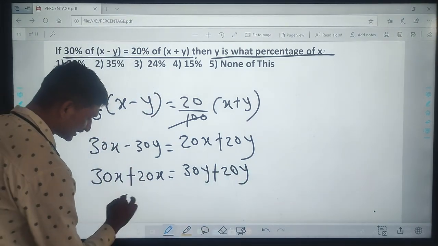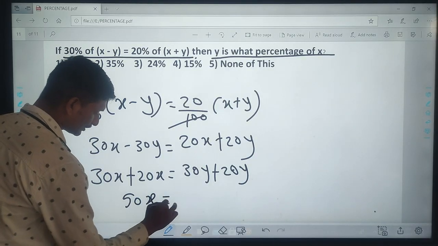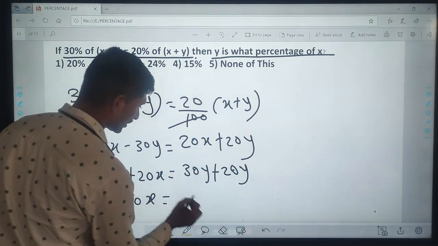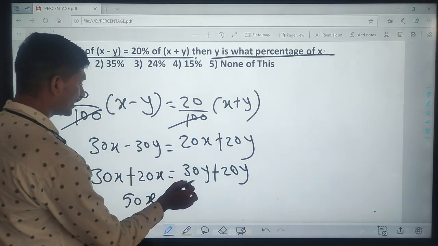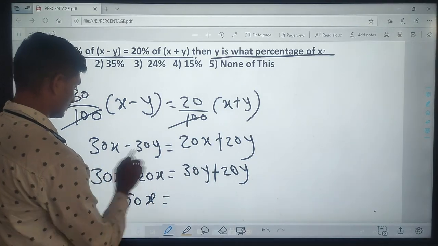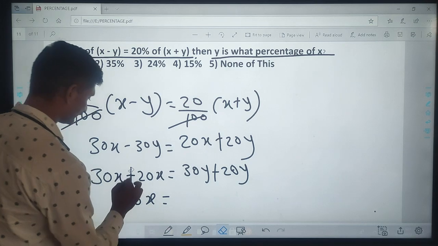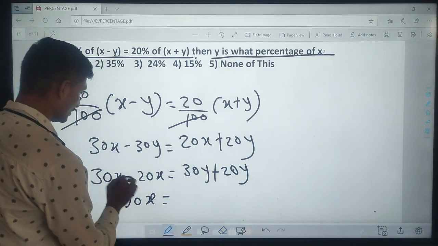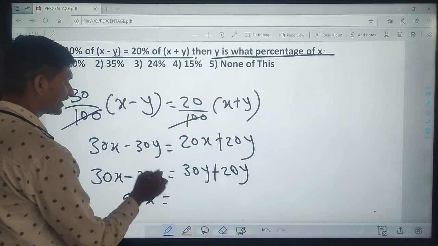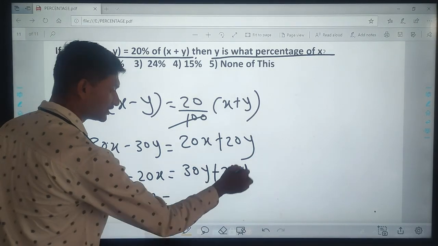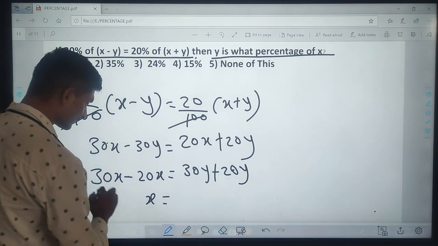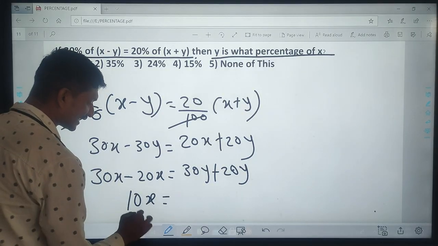Now 13x minus 20x is equal to 13y plus 20y. Here now subtraction of these two is 10x.